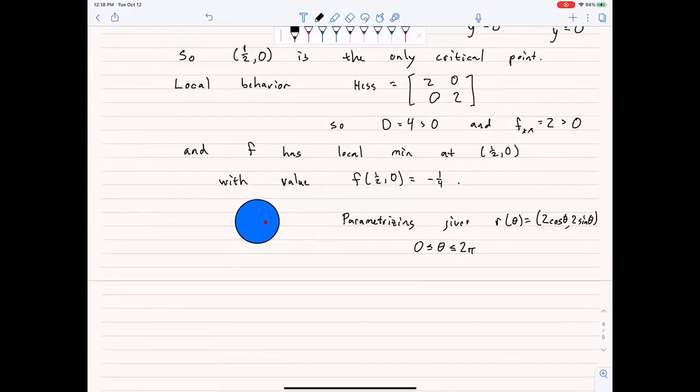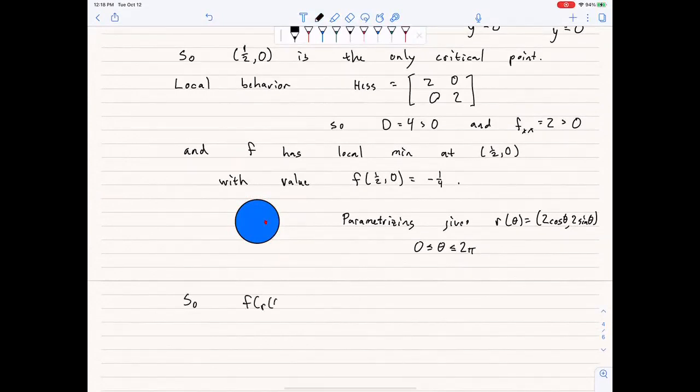Now, that gives me a way of giving me a one variable path along this boundary. And I want to stick those points into F. And that will give me a graph of a one variable function. And then I want to check and extremize that function.